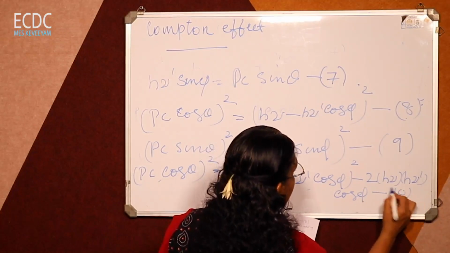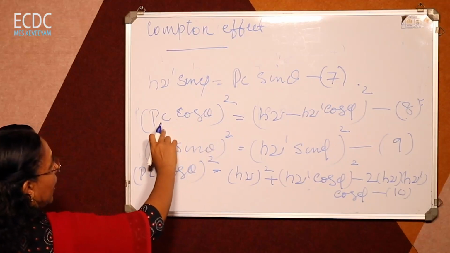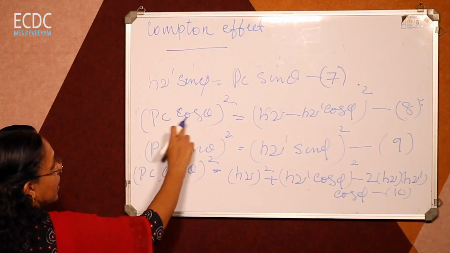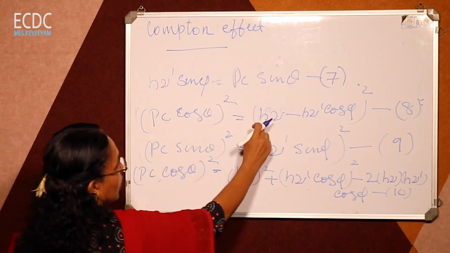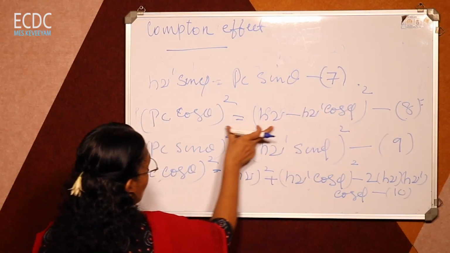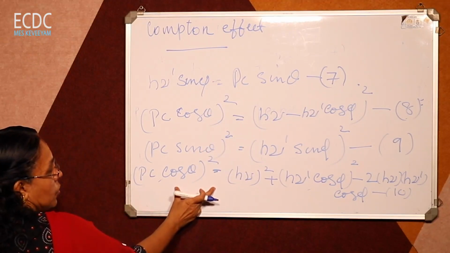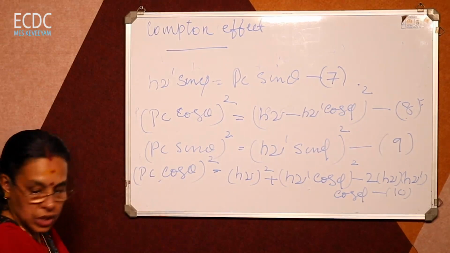We can take this as equation 10. That means I have expanded equation 8 in this form. That is pc cos theta squared is equal to h nu minus h nu prime cos phi, squared. So by expanding this equation, you will get it in this form. So we can take this as equation 10.